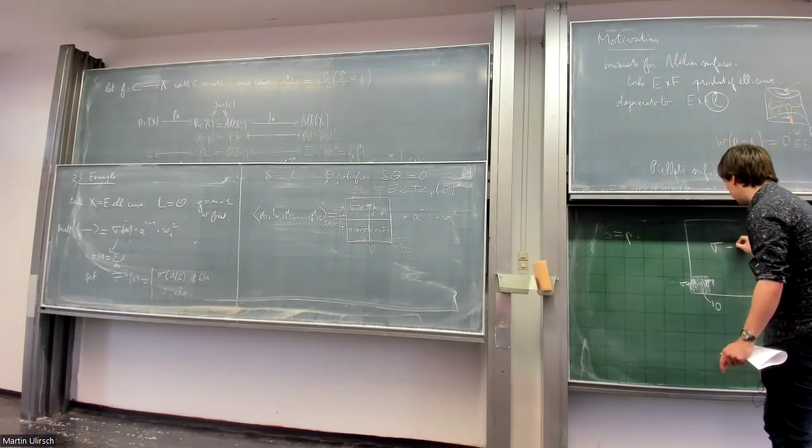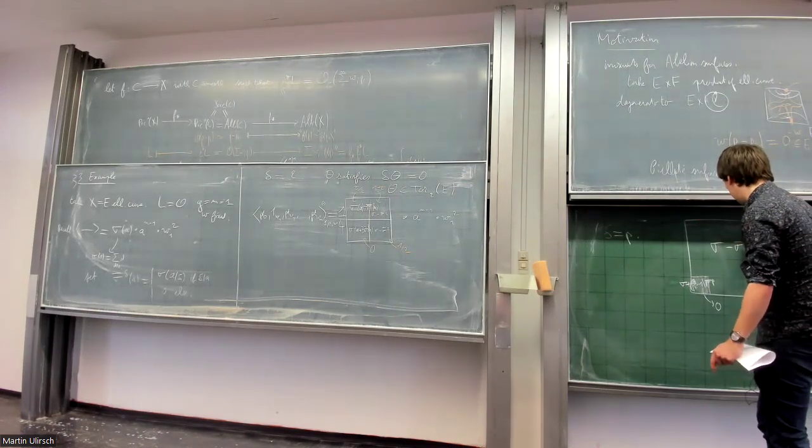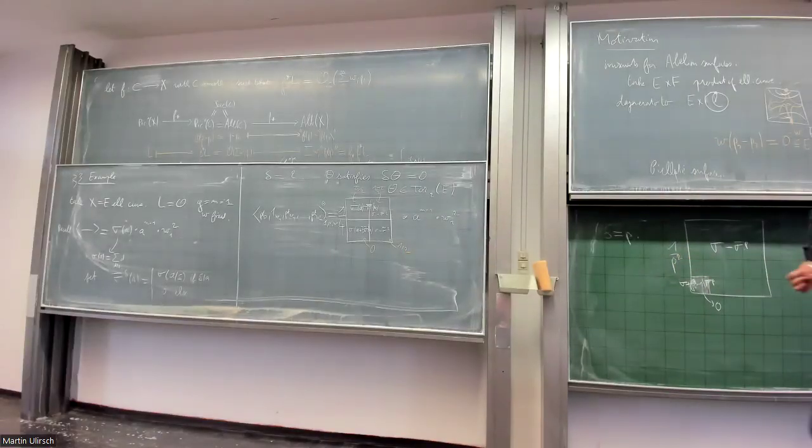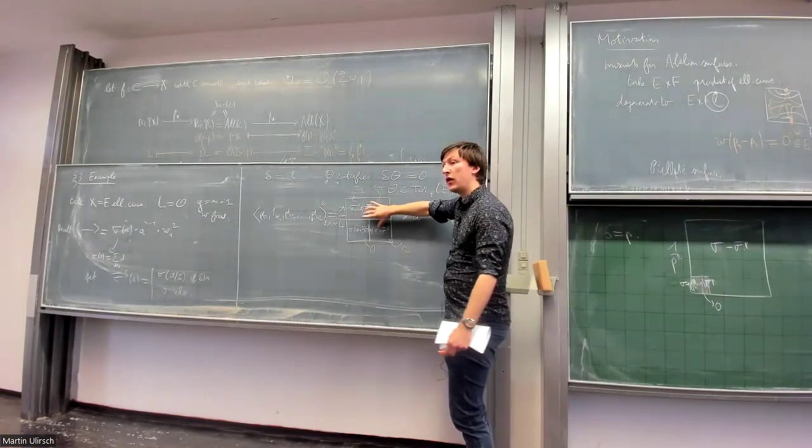And for all the other ones, sigma minus sigma bar P, 1 over P squared. We have a generalization for prime numbers.